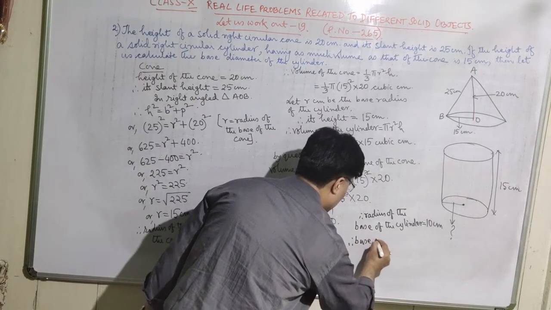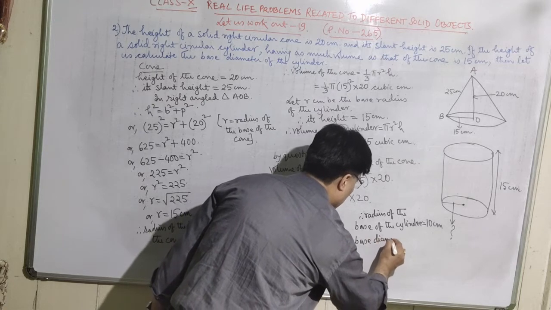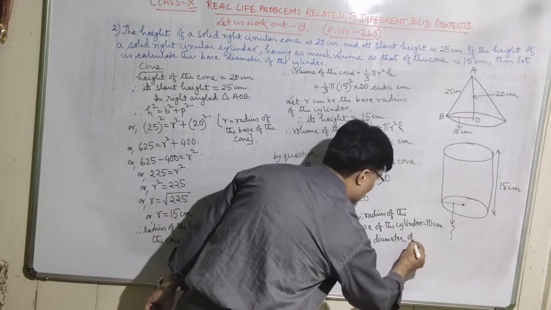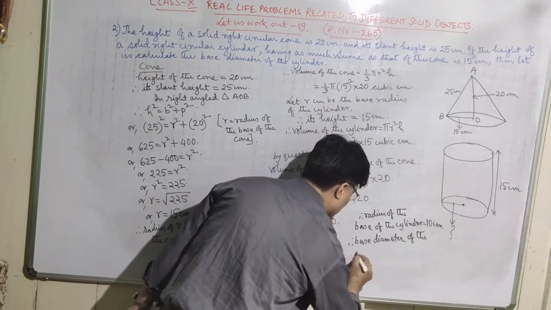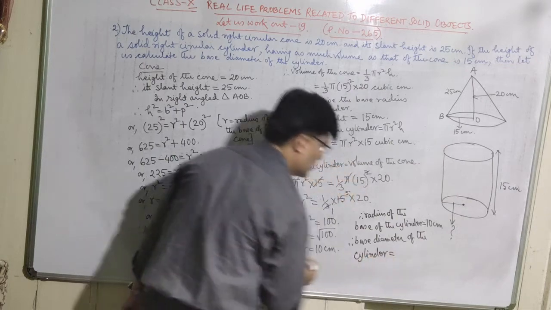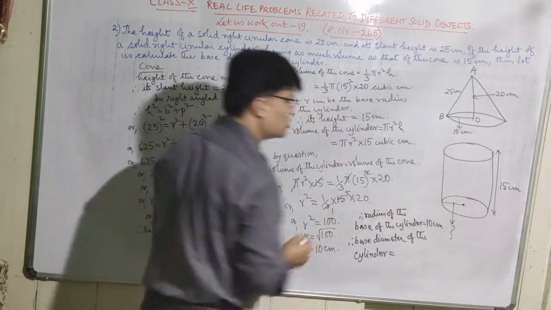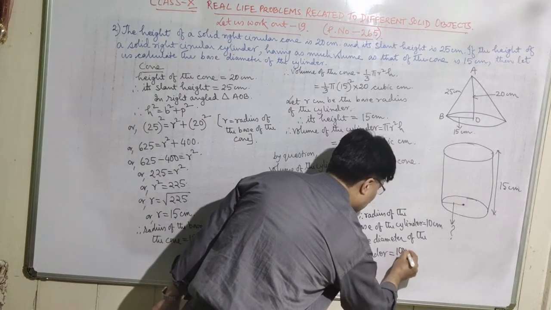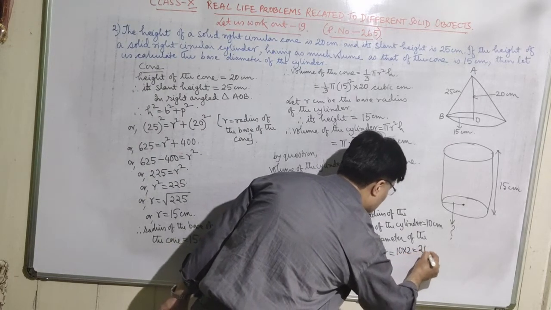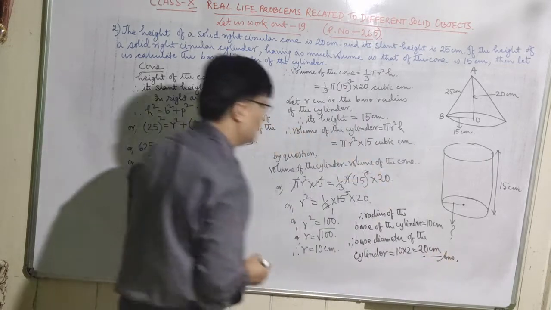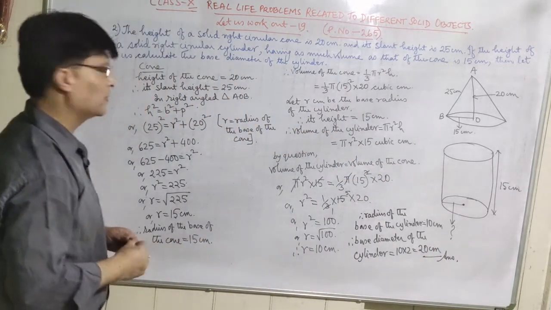Therefore the base diameter of the cylinder is equal to this radius multiplied by 2. That is 10 into 2, which is 20 centimeters. So this is the final answer.